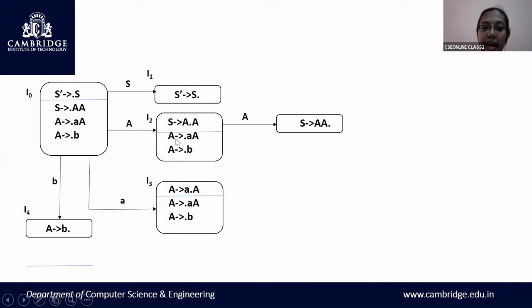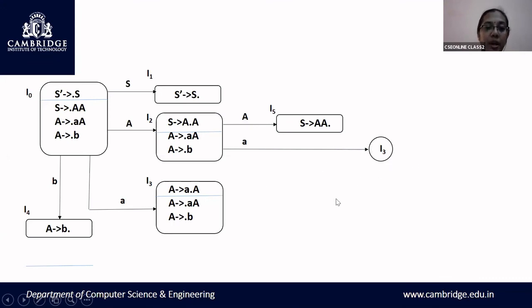If you see, A derives A dot A. So dot is followed by the variable A. So you will have to take the closure of A. So this transition on terminal A is same as that of the state I3, and I am making that state as I3.